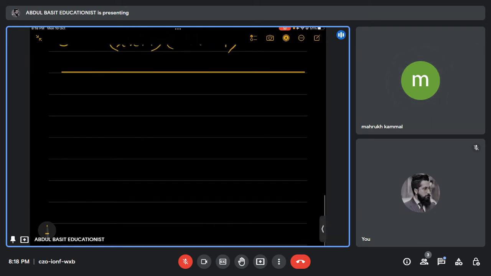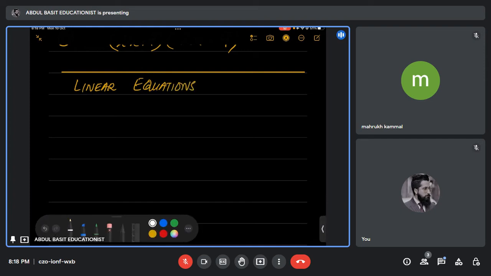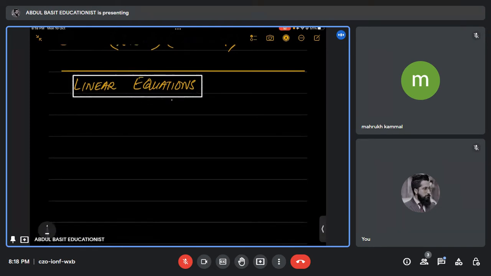So now moving towards linear equations. What are linear equations? As we know, the word equation has equals to, right? Equation means equals to.